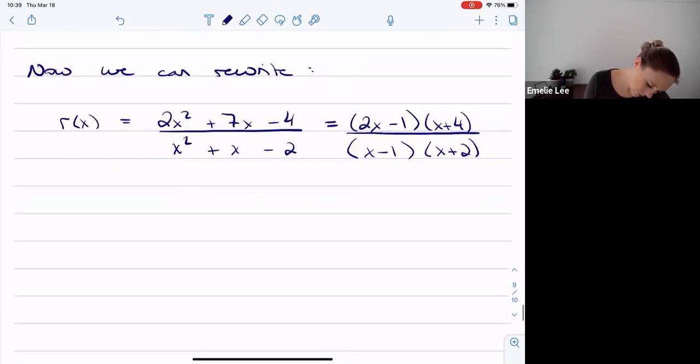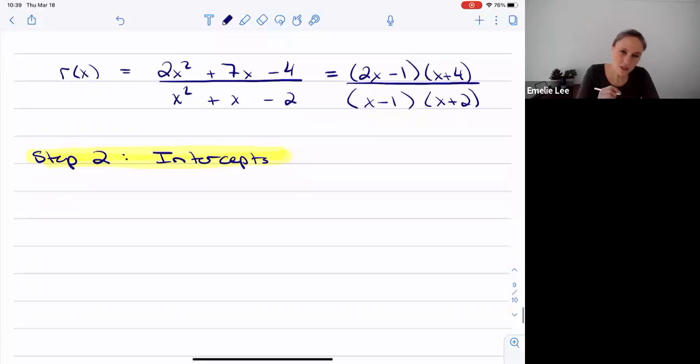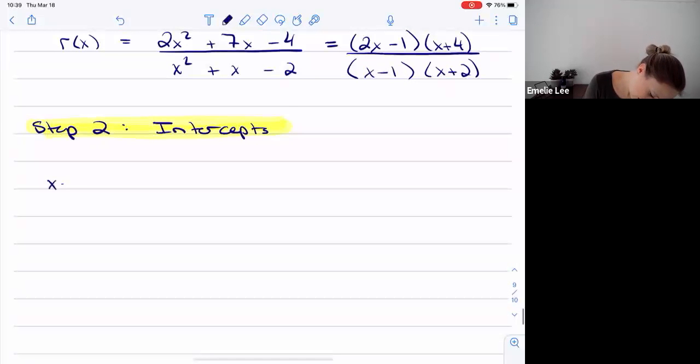Okay, so step 2 is the intercepts. Find the intercepts, and I'll highlight it so that we can scroll around here. I'll start with the x-intercepts, right? The x-intercepts are a little bit harder because those are the values of x that make r of x equal to 0.